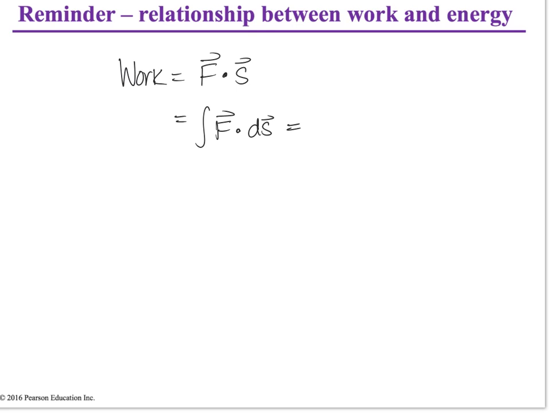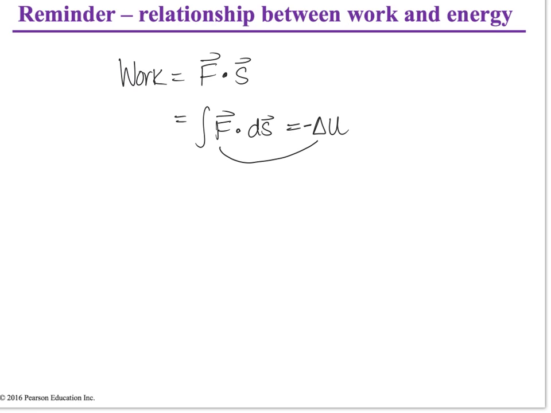We found that this was related to potential energy, in that the work done by a force, sorry, I forgot the negative sign, the work done by a force was related to a decrease in the potential energy.